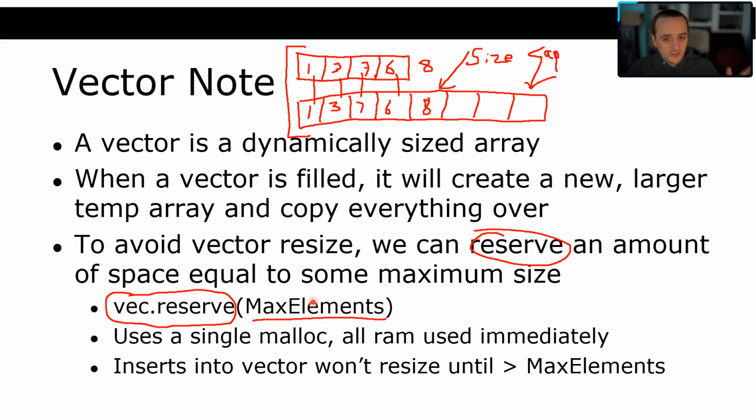So if you said it's 1,000, then the capacity of the underlying array in the vector will initially be 1,000. And yes, it's using more memory than it has to, but what you're doing in reserving like that is that whenever you insert now, you will not have any vector resizes until you actually get to the 1,000th element, and then it will have to resize, okay?